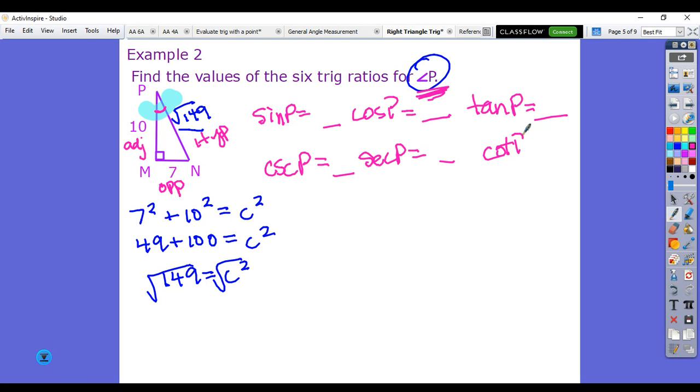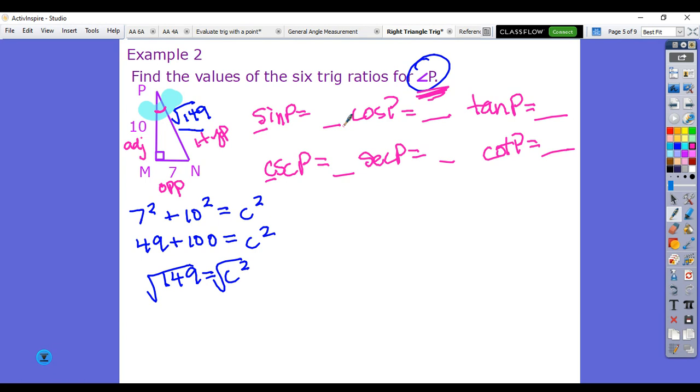This is the most annoying part of these problems, but once you have this filled in, it goes really quickly. Now, some people struggle with remembering the reciprocals. Tangent and cotangent are easy. Some people just remember that each one has a C. So if this is sine, this is cosecant.